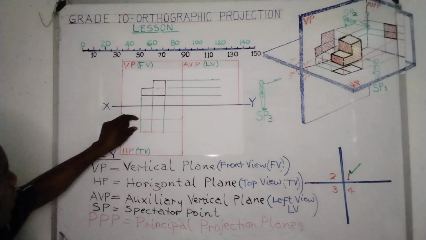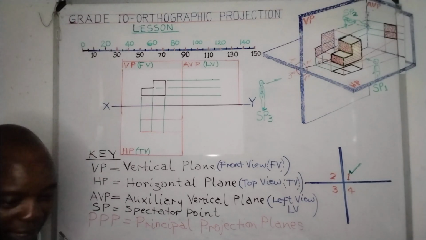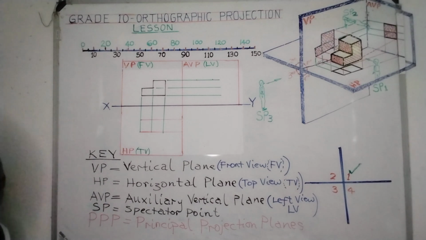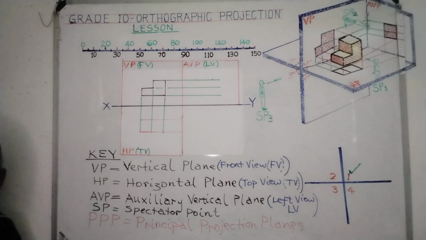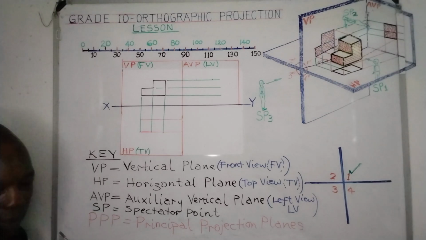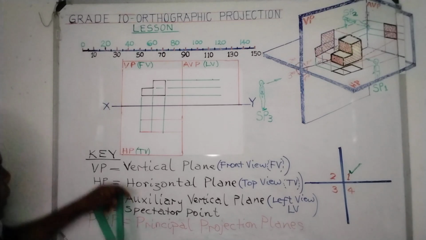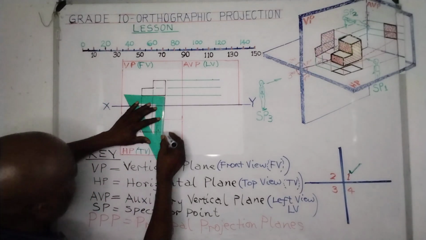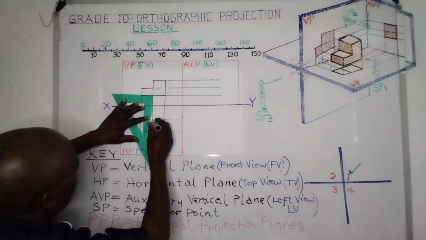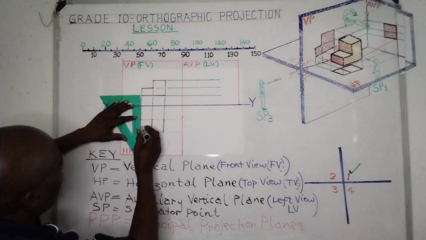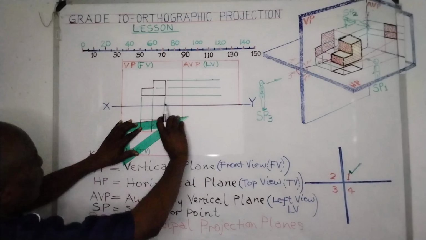Those are our three principal views: front view, top view, and left view. Now I'm going to color them for this illustration only, but when you are drawing, you don't shade unless it's rendering. That you'll be doing to show realism on a 3D view or whatever. Right, so it's just plain drawings like that. You are using HB. Constructions are 2H.